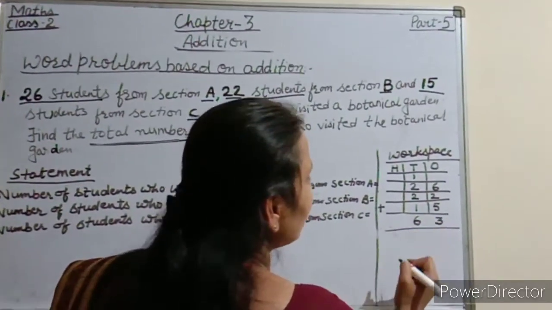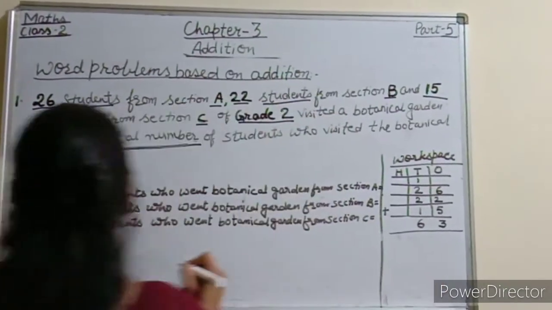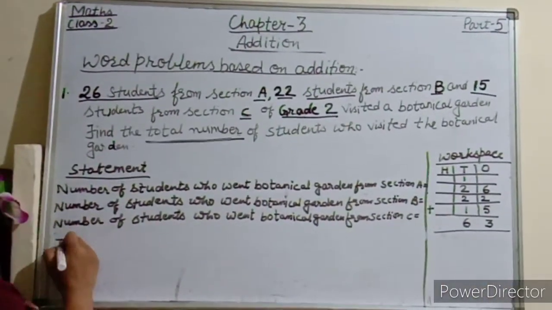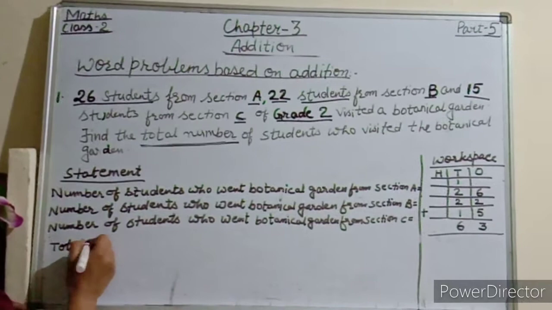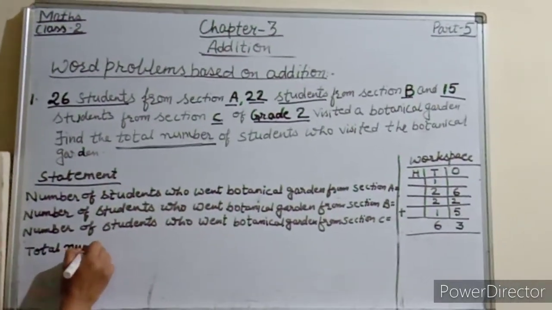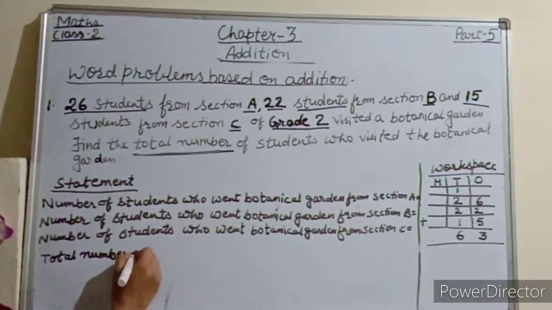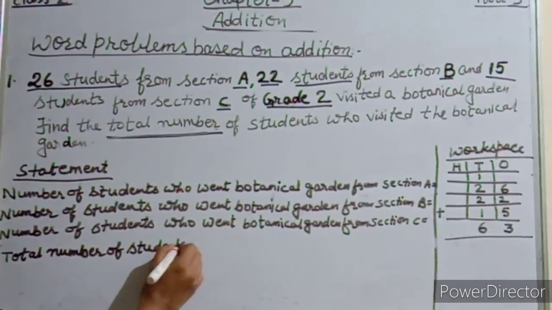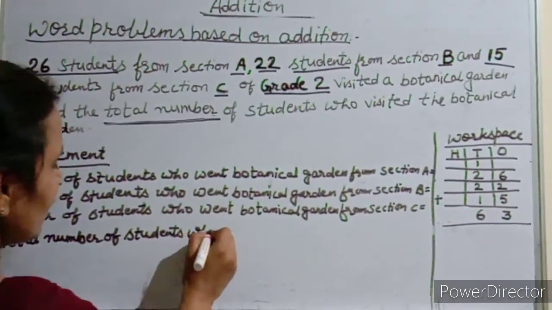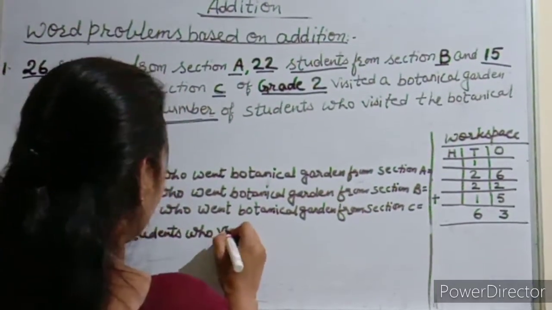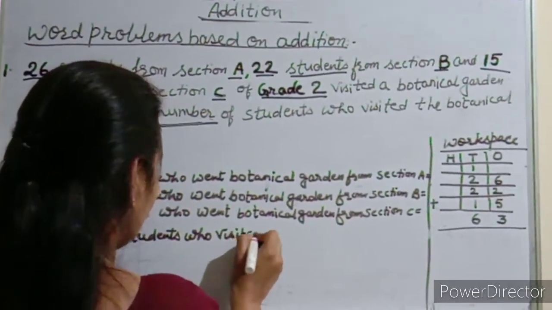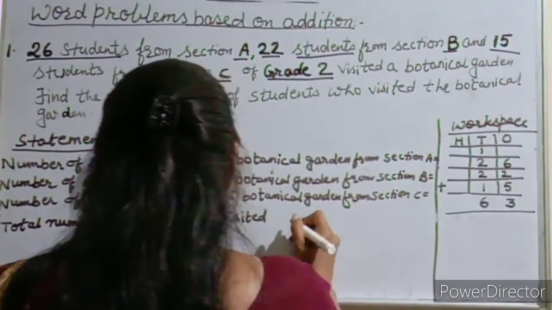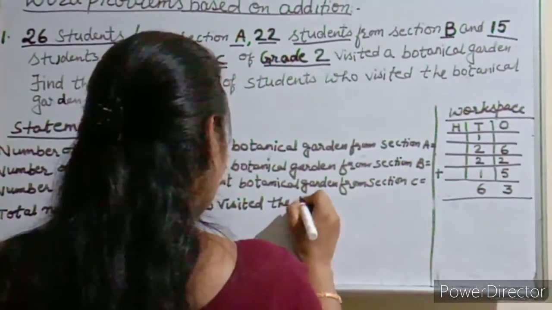So 63. So here we will write total number of students who visited the botanical garden.